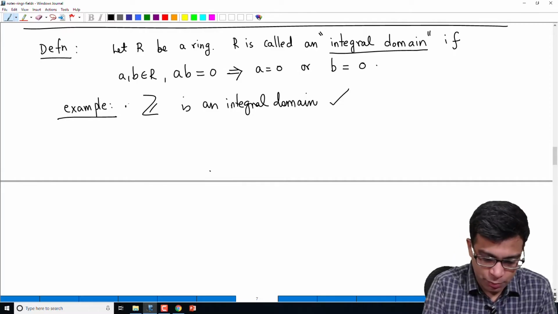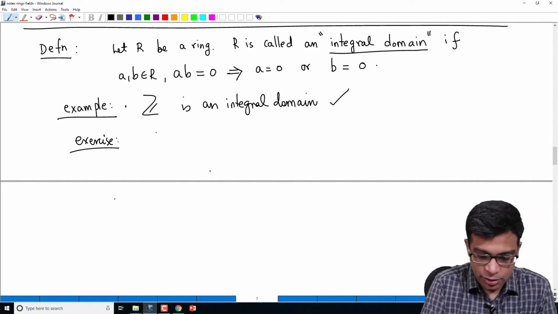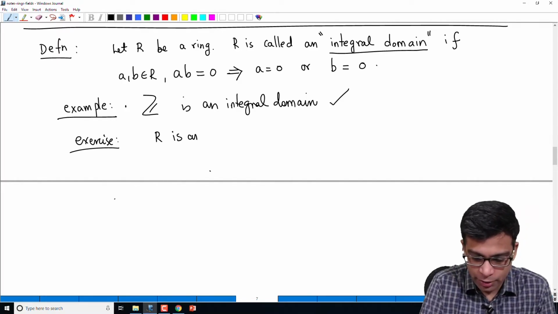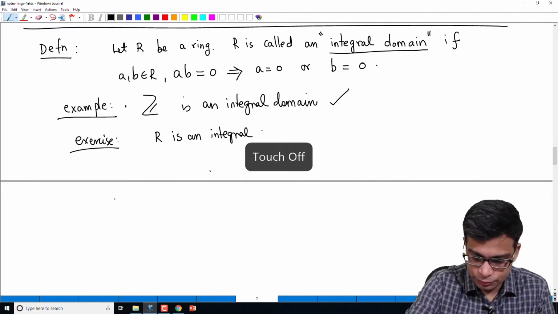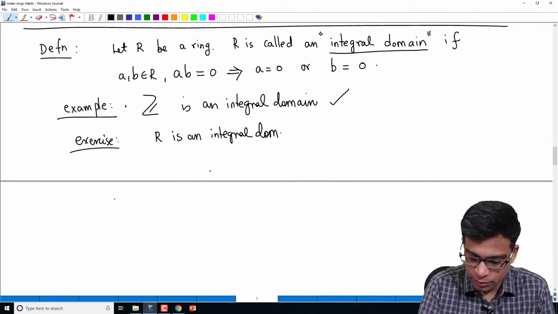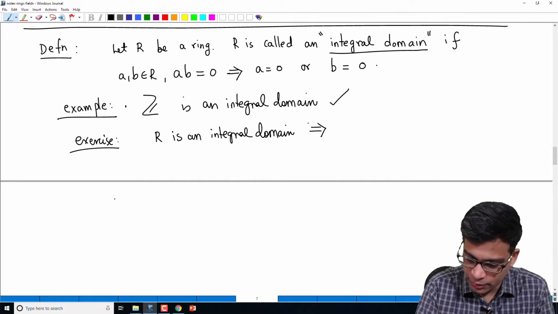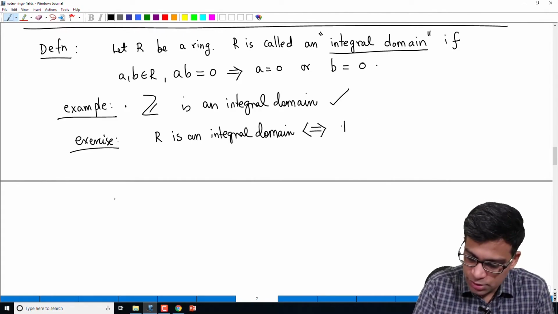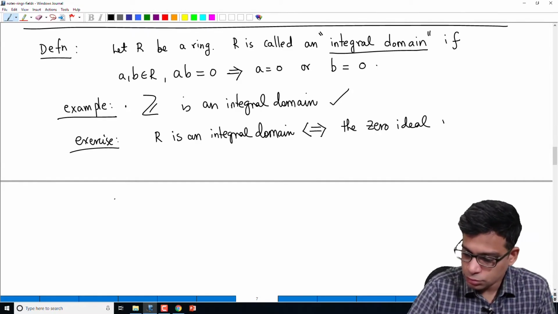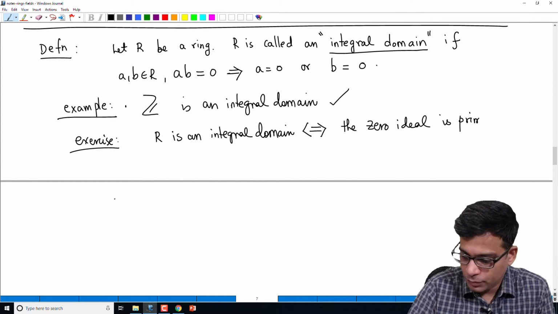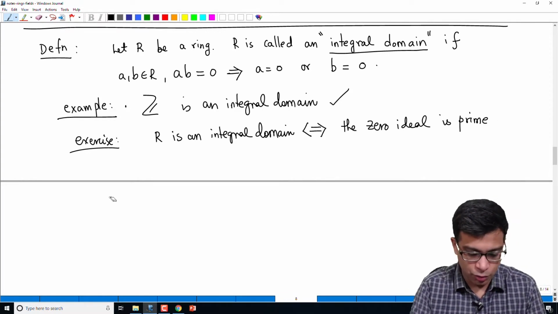So it's a simple exercise to verify that R is an integral domain if and only if the 0 ideal is prime.